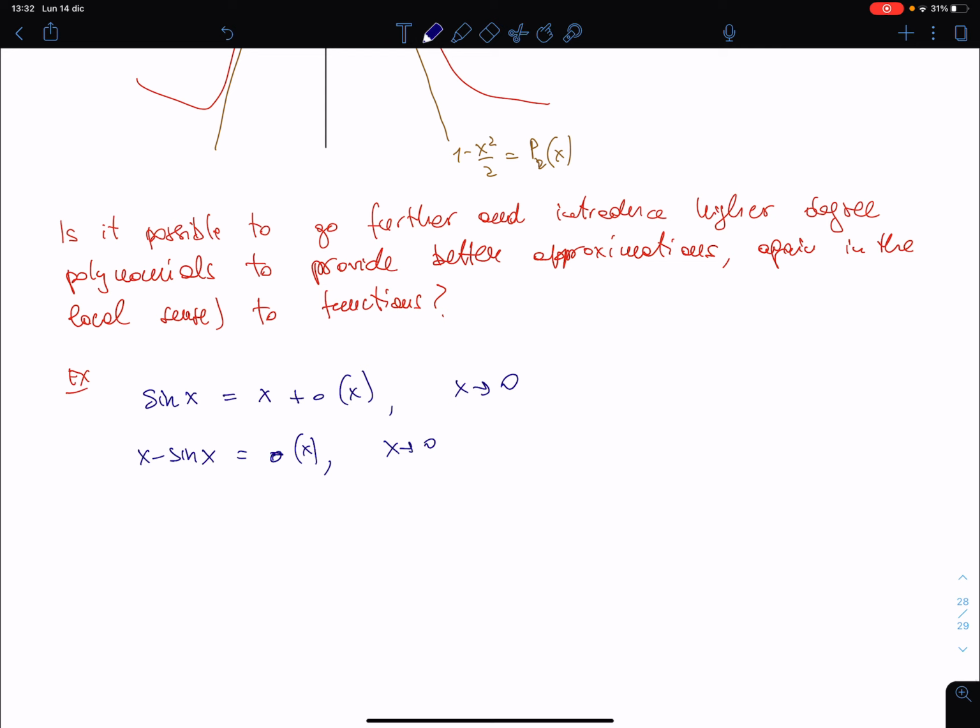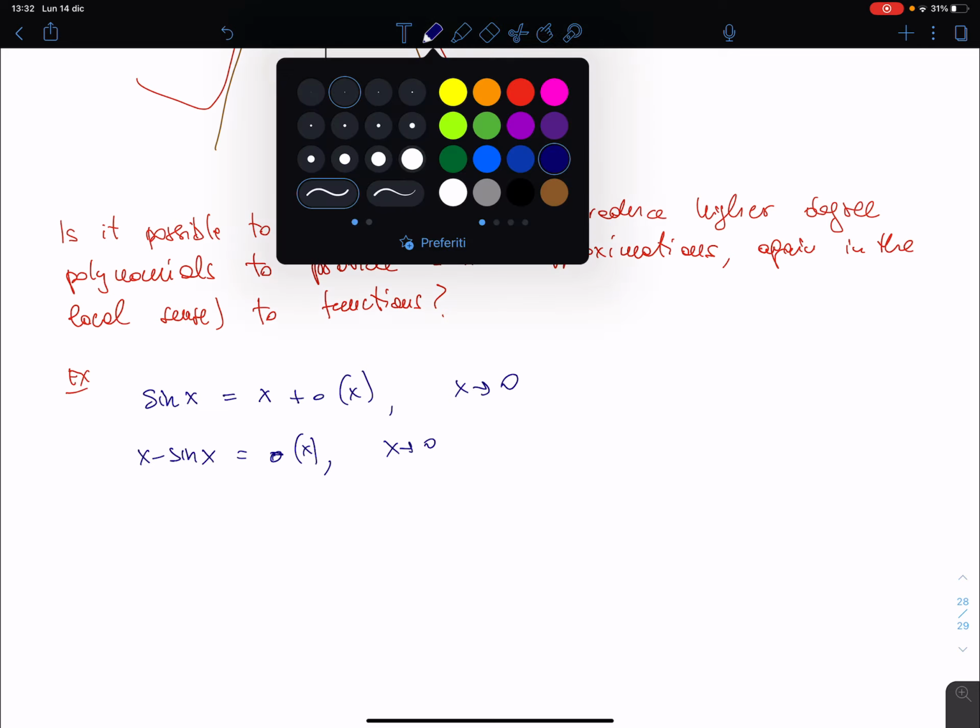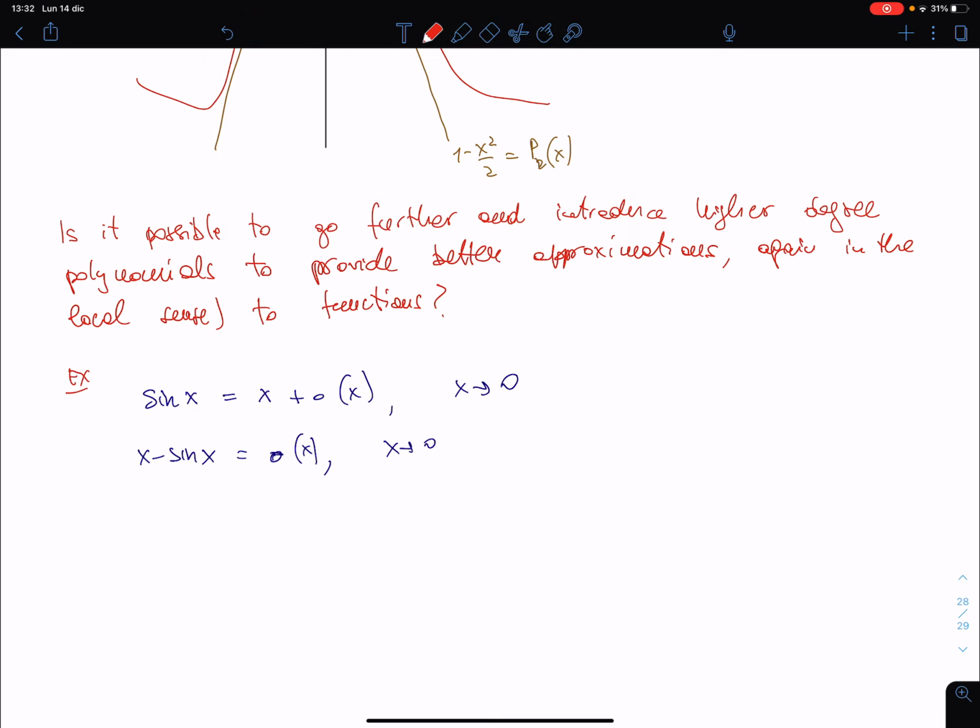So now pay attention to what I am about to say. I want to say that finding a higher degree polynomial that approximates the sine well means investigating the structure of this little o of x. So we aim at investigating the details of little o of x.